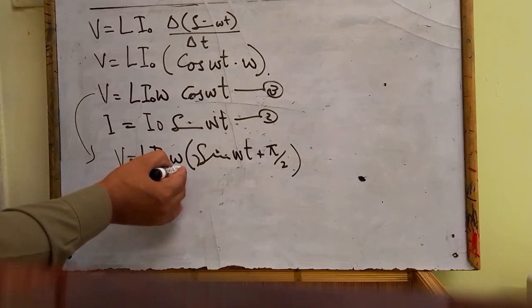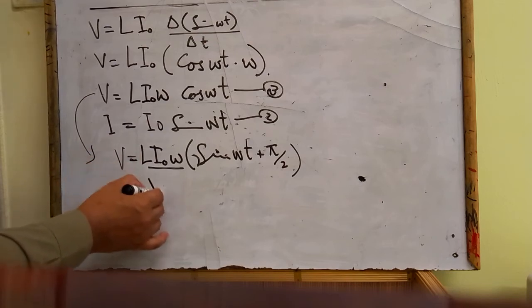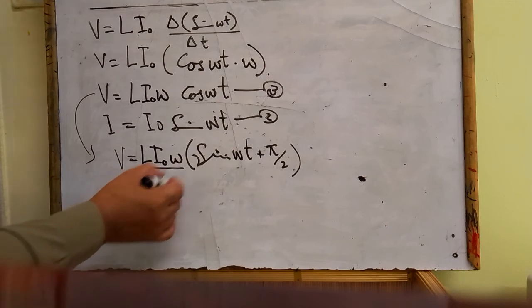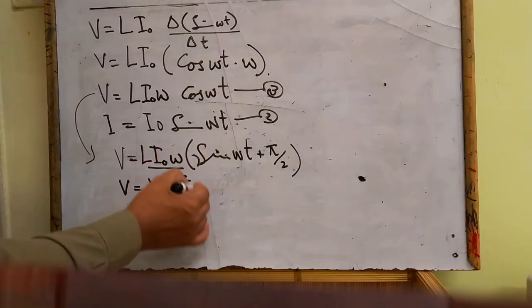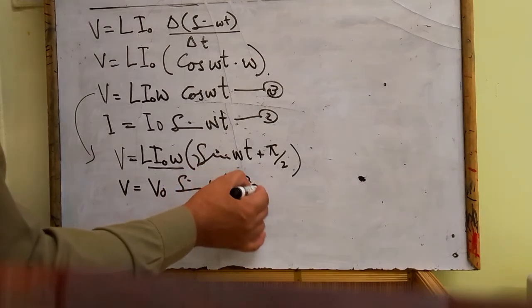This equation we can simply write as V is equal to V naught, which represents the maximum value of the voltage, and sine of omega t plus 90.